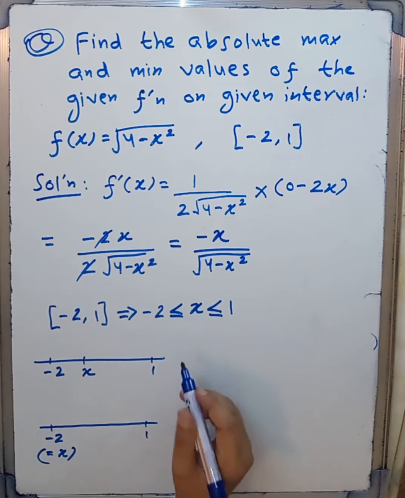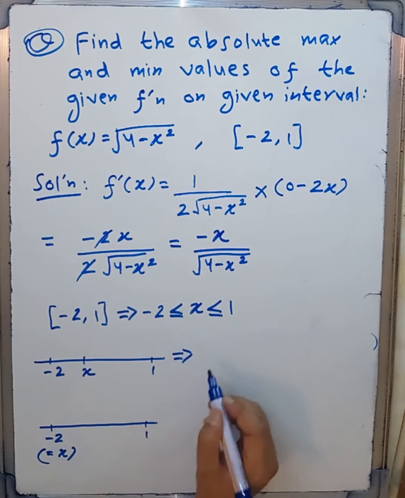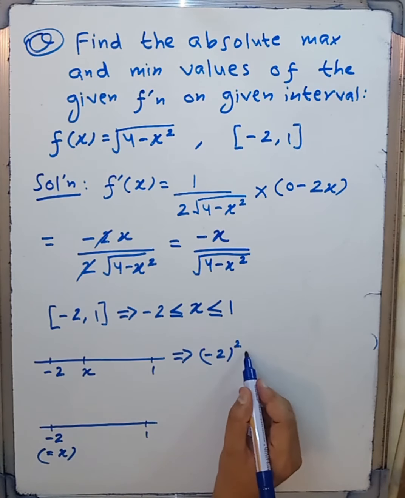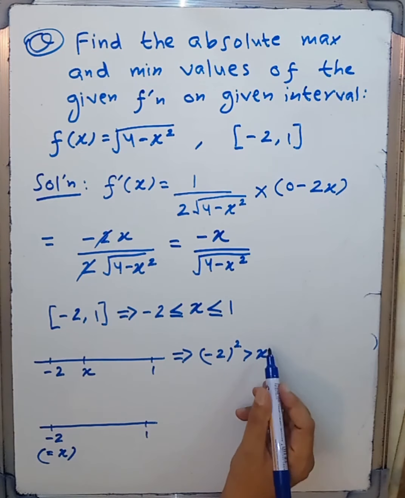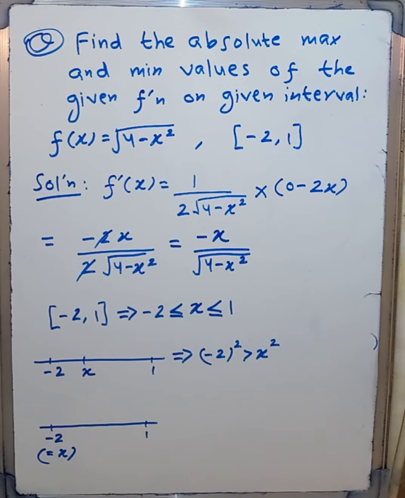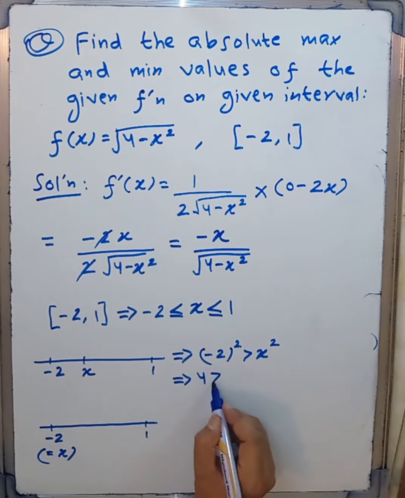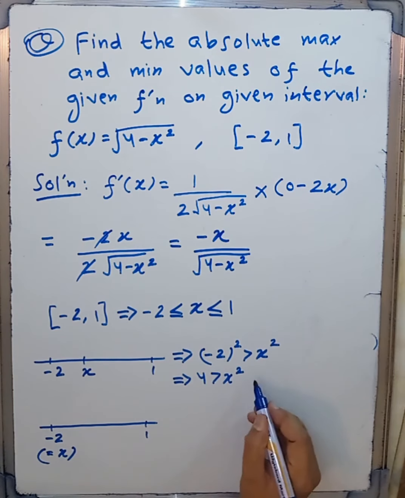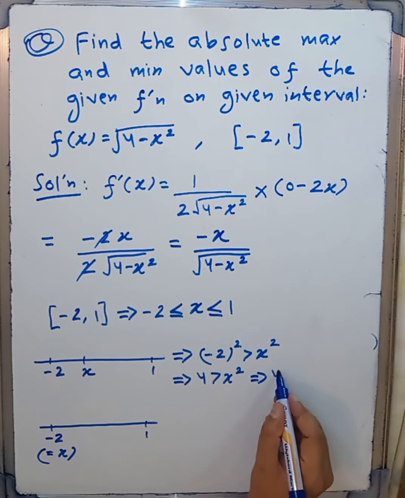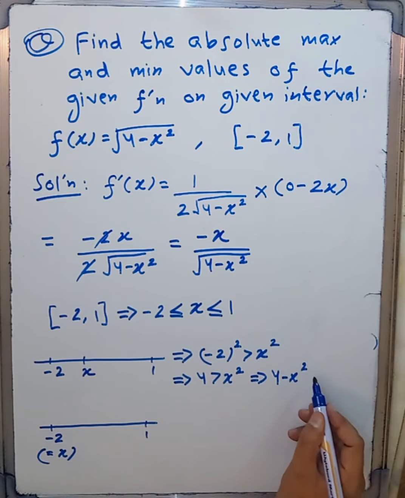The first condition will give us minus 2 whole square will be greater than x square, and this gives us 4 is greater than x square, and hence 4 minus x square is greater than 0.